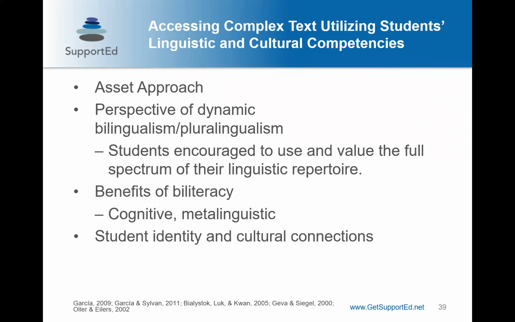So in another sense, we don't want to just develop literacy skills in English, but we want to use all of the students' assets to develop biliteracy and to help them maintain their cultural identity. So in the next few slides, we'll discuss how to use some of these approaches in terms of complex text.